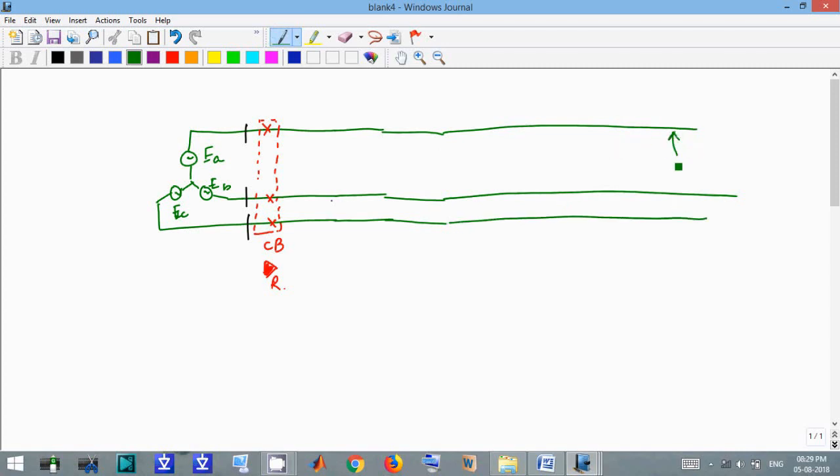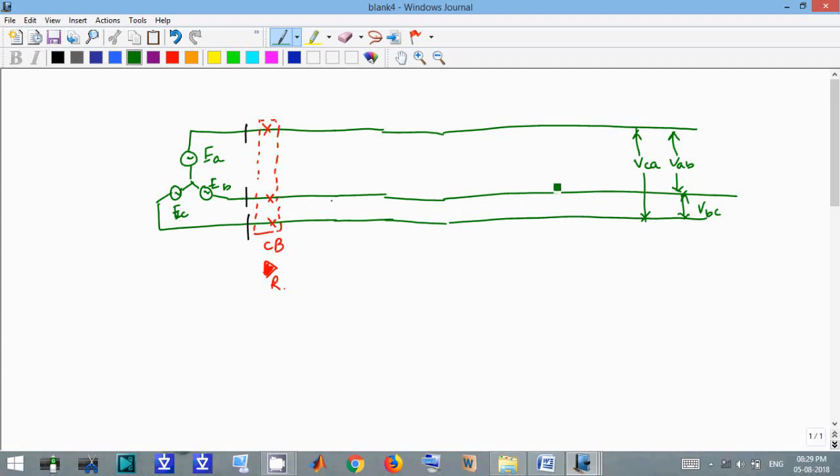So this voltage is our VAB, this is VBC and VCA. We can get it from here. Okay.